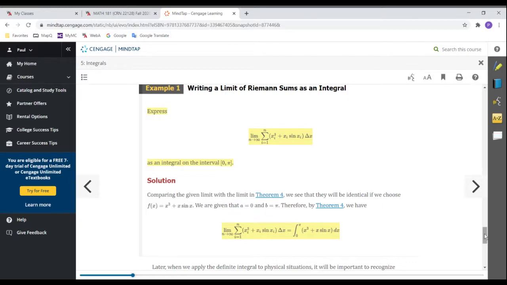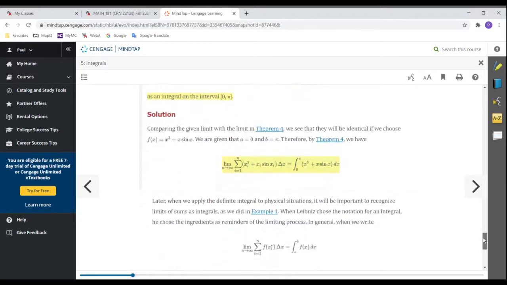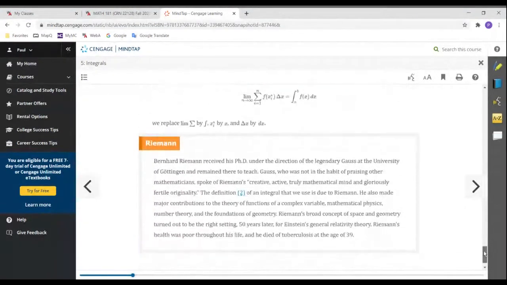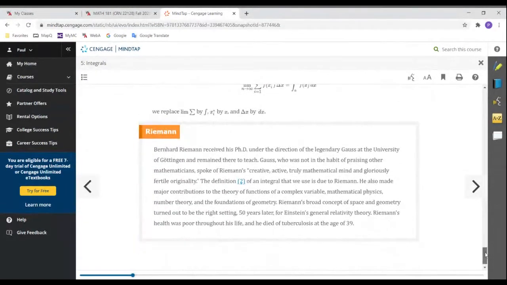Some of the section 5.2 homework exercises are ones where you're just trying to get comfortable with the concepts. They also have some interesting footnotes here about Riemann and so forth, and you're welcome to look at that.